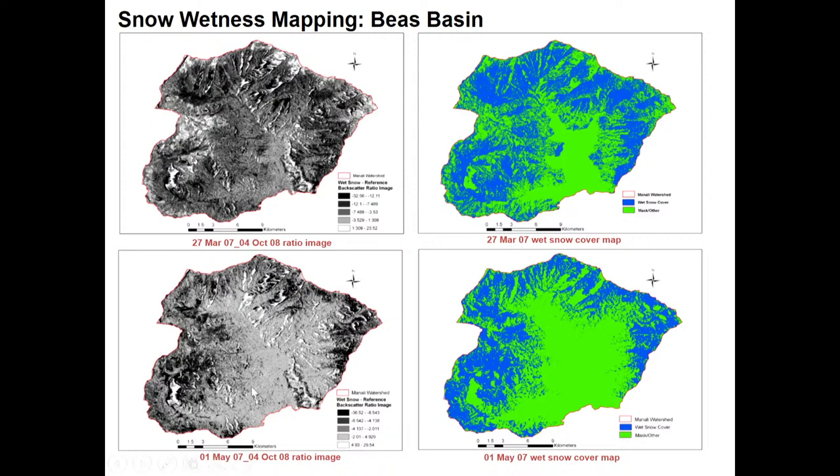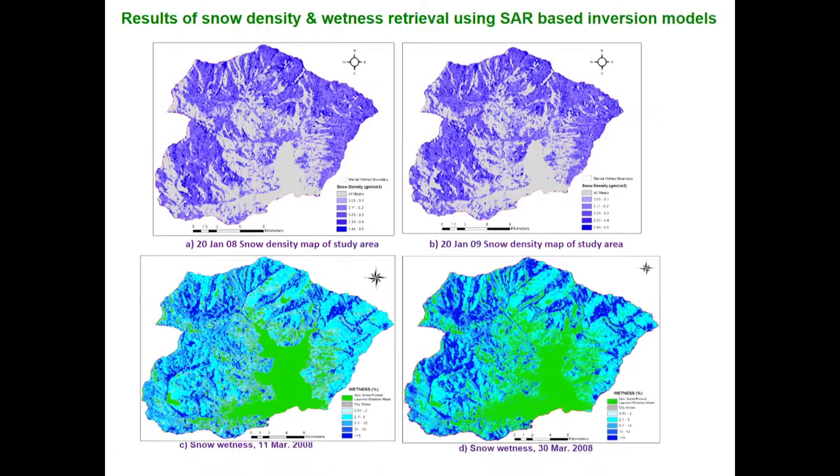This ratio we have generated, and the low values represent the wet snow. Wherever we have a low value of the ratio, we have wet snow present in the image. This is how we have done the snow wetness mapping.